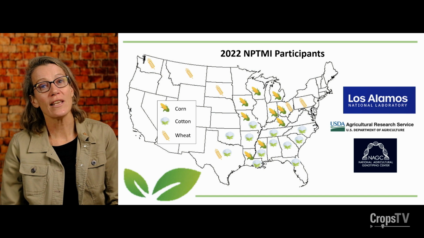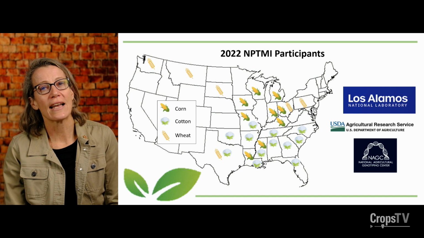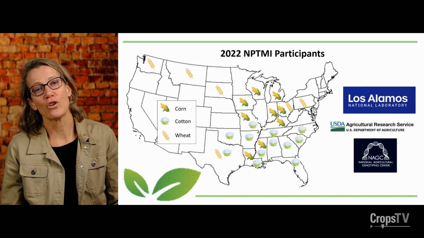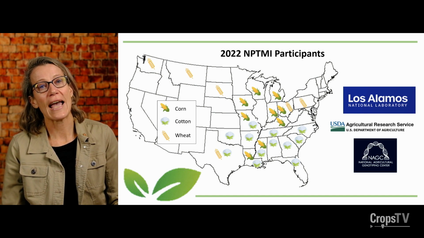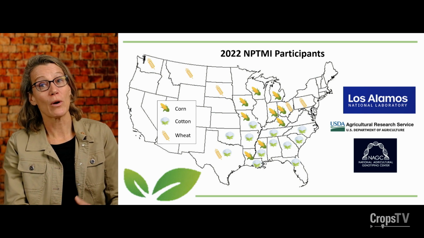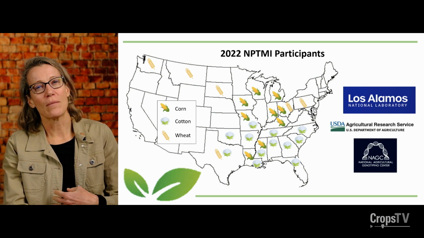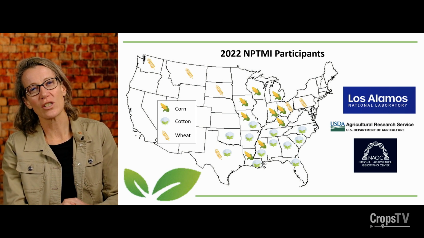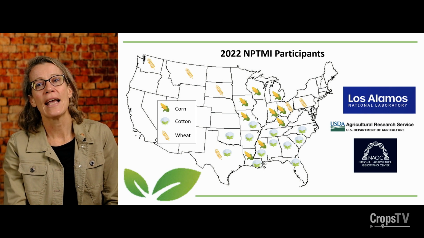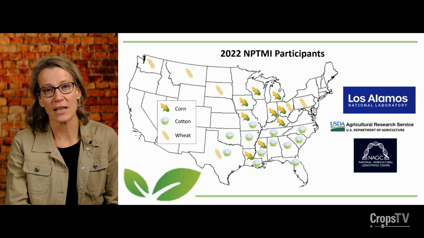You'll see the states that are doing corn, but you'll also notice that this initiative includes states that are looking at wheat and cotton, and sometimes both, two or more crops. The participants also include the Los Alamos National Laboratory, the USDA, and then the National Agricultural Genotyping Center.